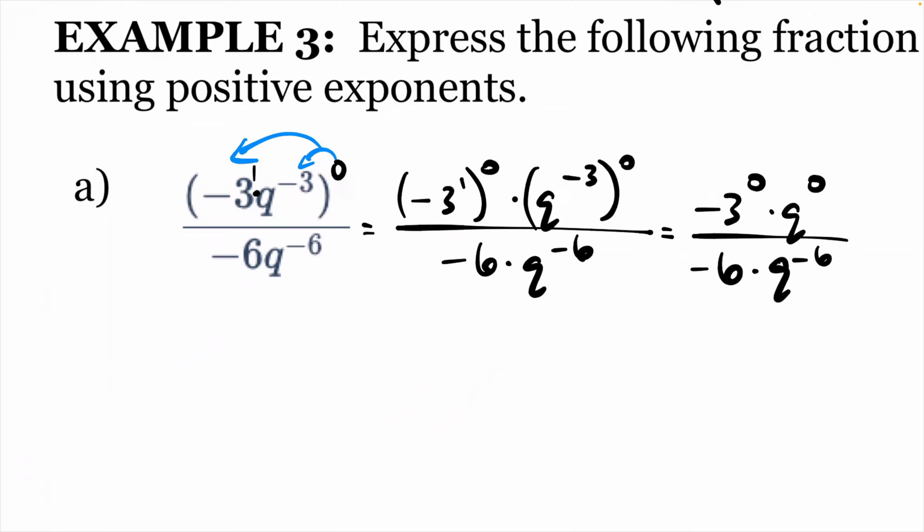Rule 8, anything to a 0 power becomes 1. So you can do this now, you can do it later, it doesn't matter as long as you do this. This becomes a 1, that becomes a 1. Anything to the 0 power makes a 1. So I have 1 over negative 6 times q to the negative 6.